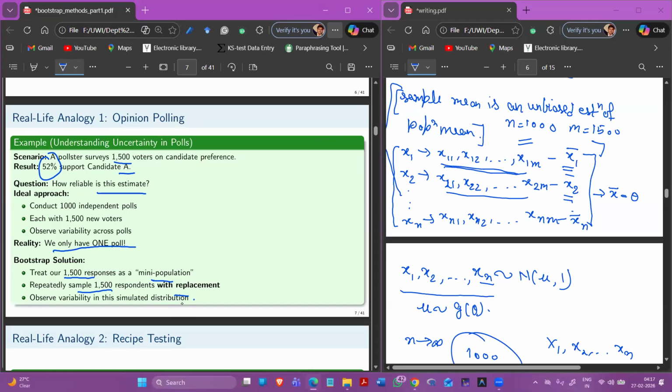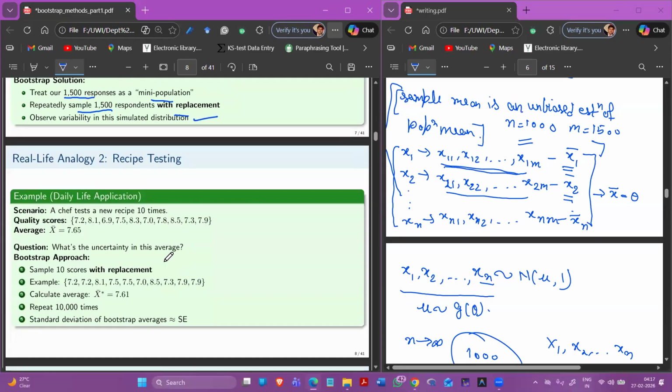I will generate the variability in this simulated distribution. This will be my empirical distribution. Then I will find out which candidate they are preferring more. That is the thing that I can do here.